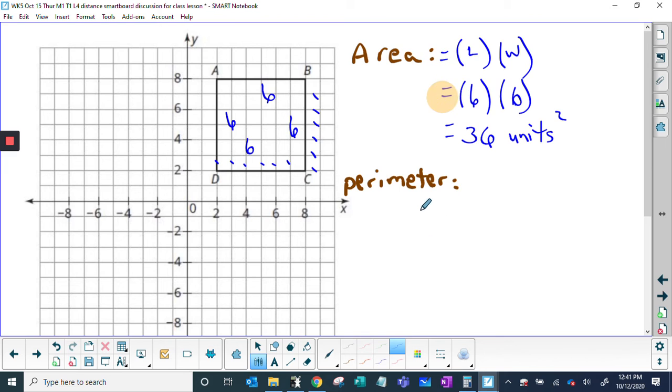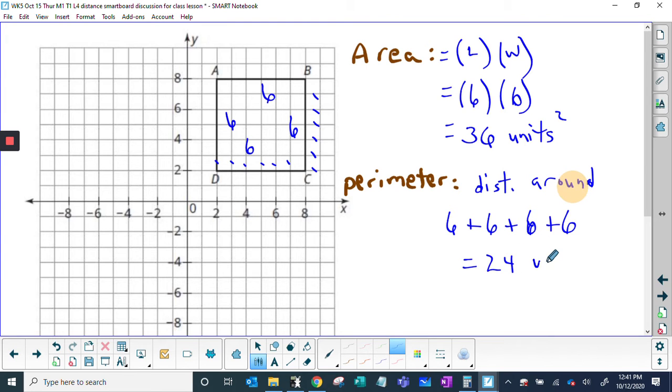Okay, perimeter. That's the total distance around. Well, distance around, just add them up. 6 plus 6 plus 6 plus 6. Well, 4 sixes is 24 units. Okay? All right, let's move on.